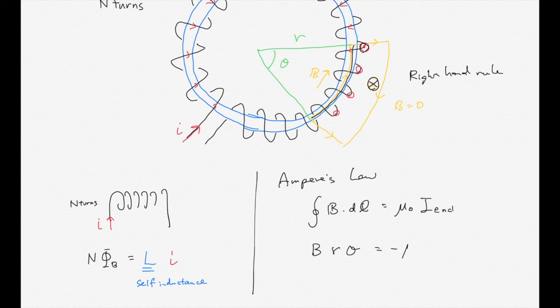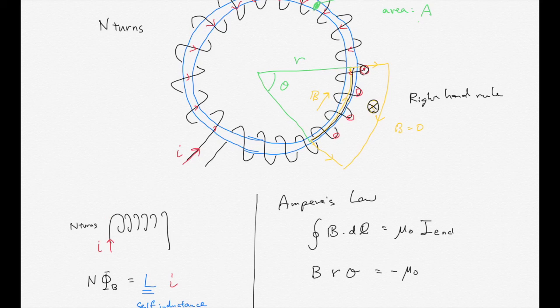So this is minus mu sub 0 times how much current is passing through? How many turns? N turns, and the total length is 2 pi r. So N turns divided by 2 pi r is turns per unit of length, and then you have to multiply by r theta.